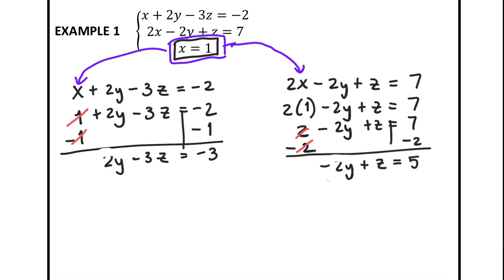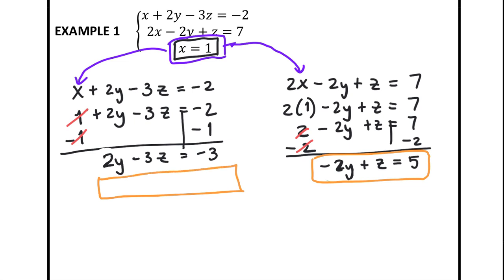Okay. 2y, negative 2y. So I want to move this equation over here. So it's going to be negative 2y plus z equals 5. Right, so I'm just copying and pasting this equation over here.